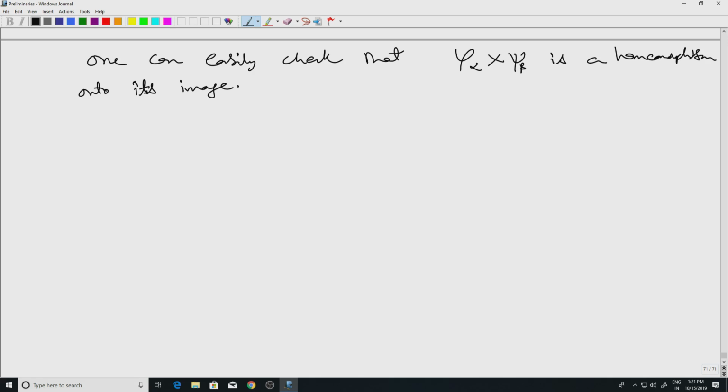And that follows immediately from the corresponding properties for phi alpha by itself and psi beta by itself. Well, what about the transition functions? It's a bit messy to write down, but anyway, the formula is simple enough.